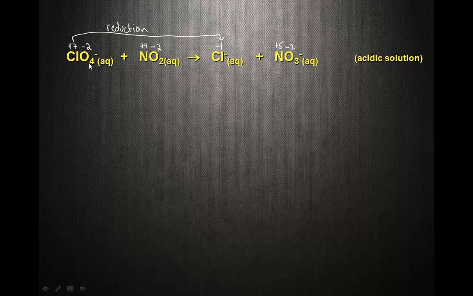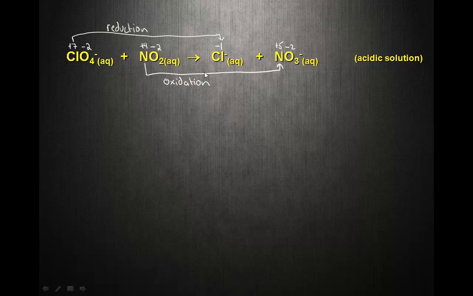And if we look at oxygen, it went from minus 2 to minus 2, so that's not involved in the redox reaction. So let's take a look at nitrogen, and we see that nitrogen has gone from plus 4 to plus 5. So that is a loss of electrons. So we've got an oxidation.